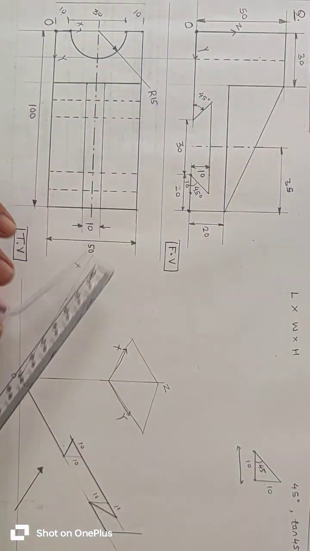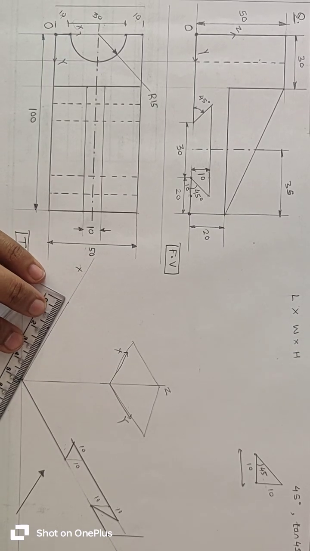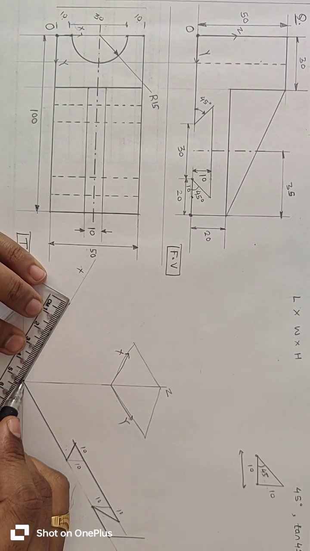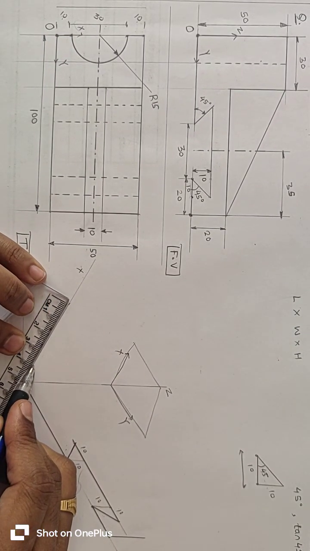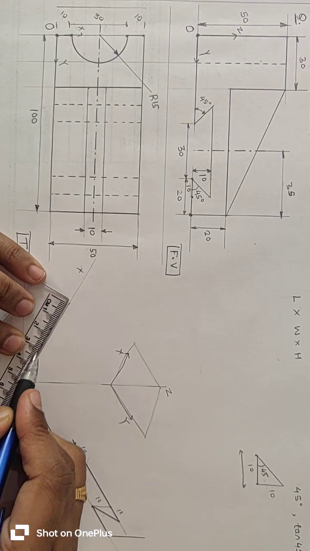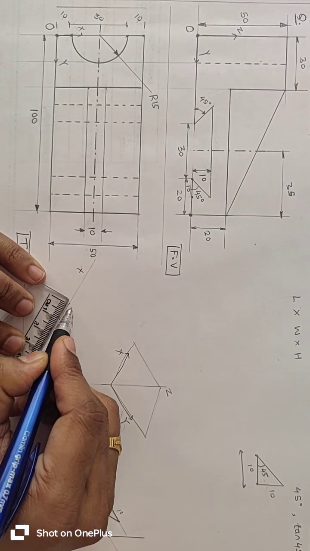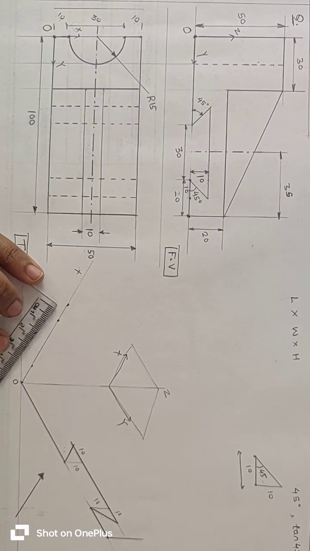So we will mark these four points. The first one is the origin point itself, the second is at 10 mm distance, then the third is at 40 mm distance, and the last is at 50 mm distance. These are the 4 points.